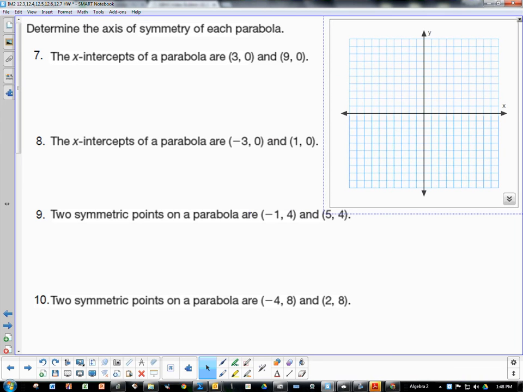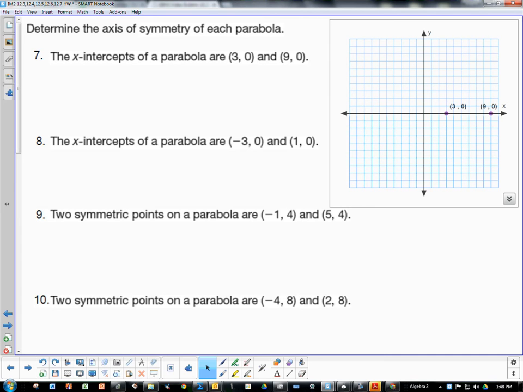And number 7 indicates that I have x-intercepts at 3, 0 and 9, 0. So 3, 0 would be about right here. There it is. And 9, 0. There's 9, 0.